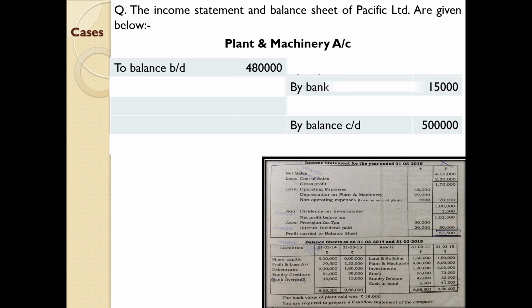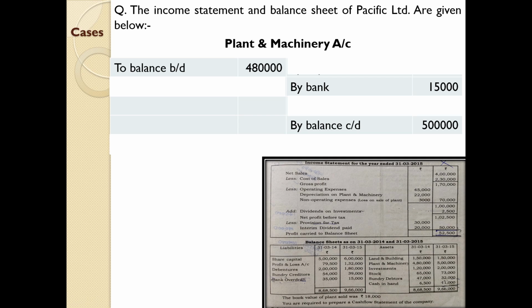Next item. In the question it is said that the book value of the plant sold was 18,000 and here we have written 15,000. How did we get the 15,000? In the question it is said sold for 18,000, but at the same time if you check the income statement you can see that there is a loss on sale of plant of 3,000.